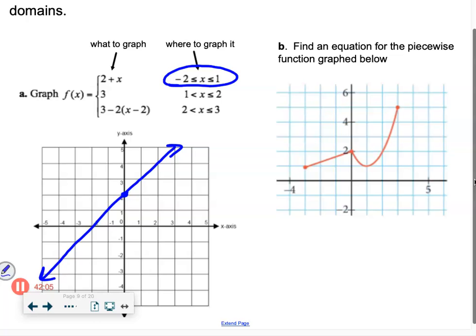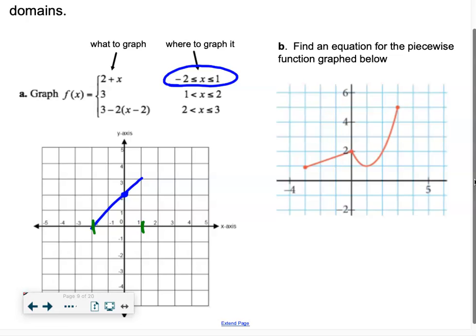So, x equals negative 2, that's here. x equals 1, that's here. Any x value that's outside of that should not be on that graph. So this is the graph y equals 2 plus x from x equals negative 2 to x equals 1.